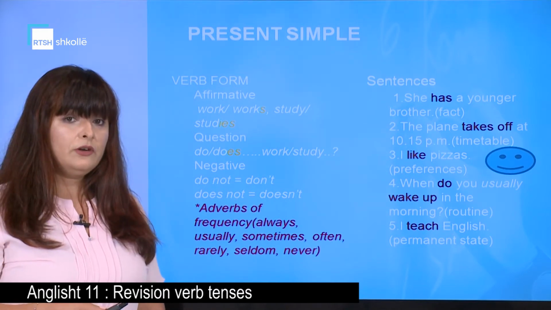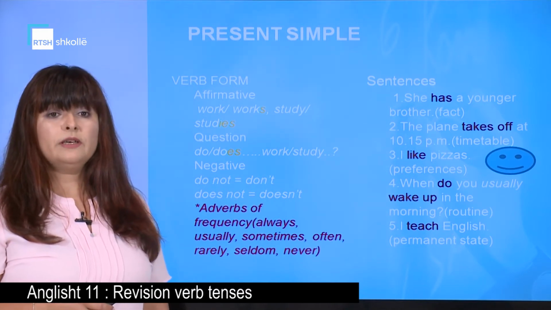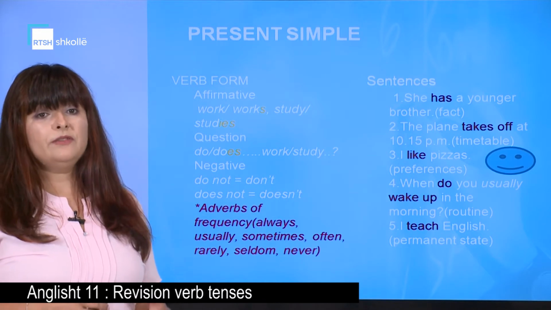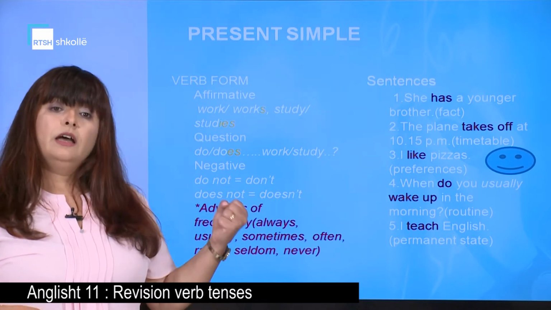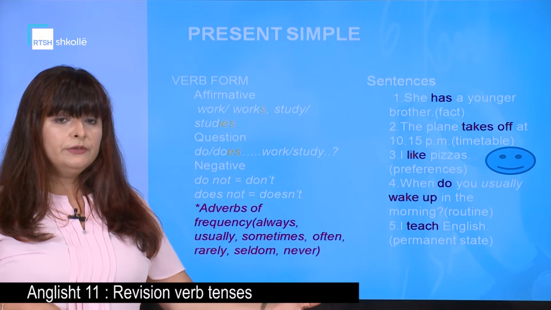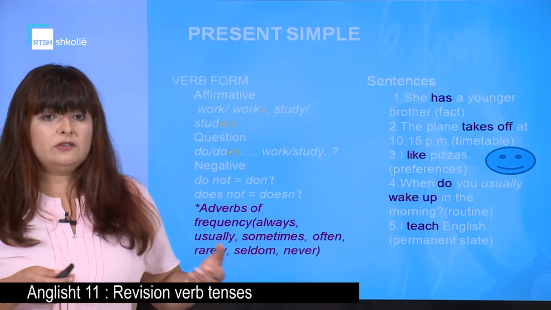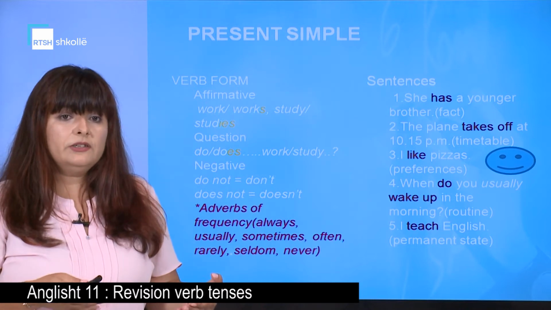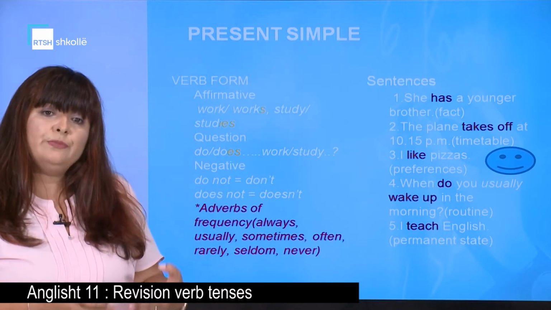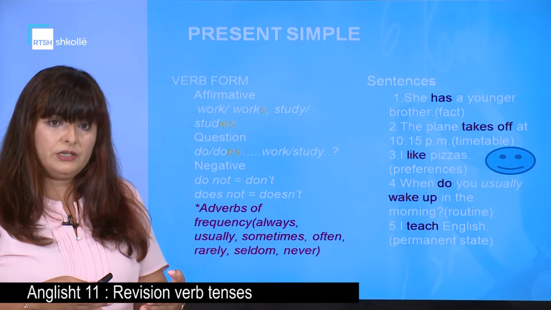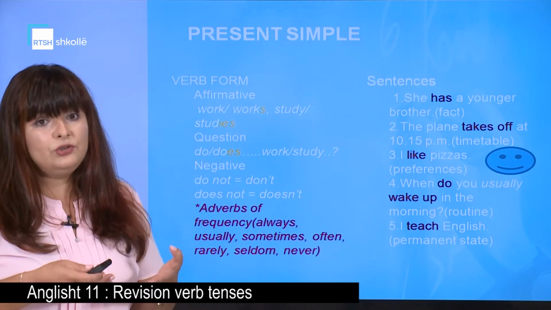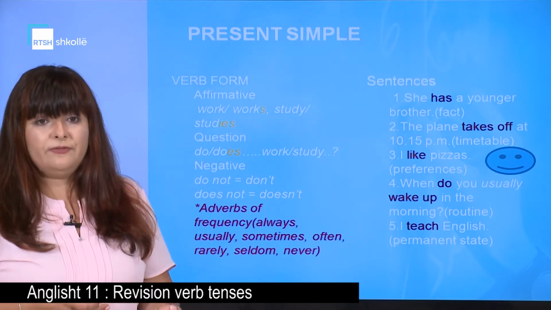What about interrogative, or let's say question form? We should have the structure of auxiliary verb, subject, and main verb. What is the auxiliary verb? In this case, the auxiliary verb is the verb that helps us to make a question, and in present simple it is do or does. How does that function?